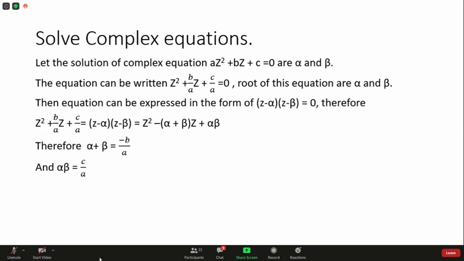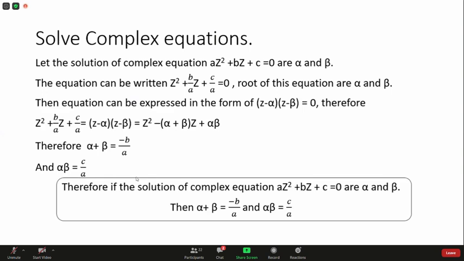Just remember these final two steps, a very simple, straightforward proof. Alpha plus beta equals minus b by a, alpha beta equals c by a, every time. The text within the box here is important. Therefore, for the solutions of a complex equation, alpha plus beta always equals minus b by a, and alpha beta equals c by a. You can remember these.